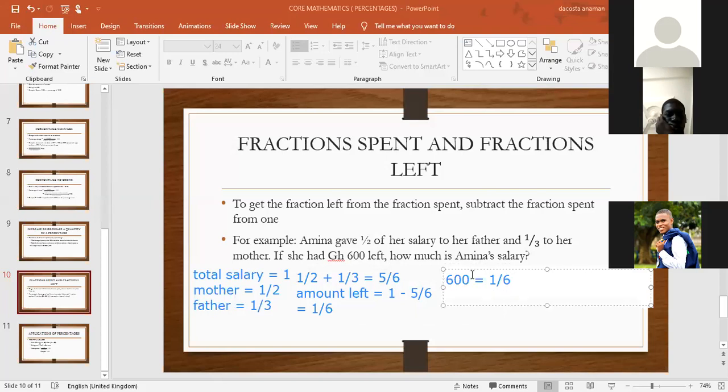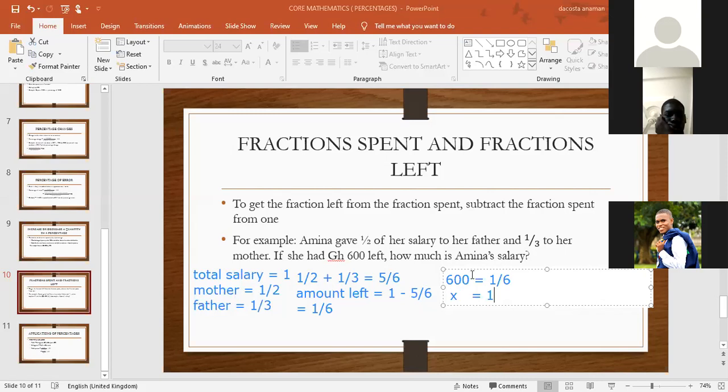And her total amount, which is X, that we don't know, we are representing it with X. A total salary that she took, that we don't know, that we are representing it with X, is equal to what? 1. It's equal to 1. Therefore, to find the total amount, you cross multiply.